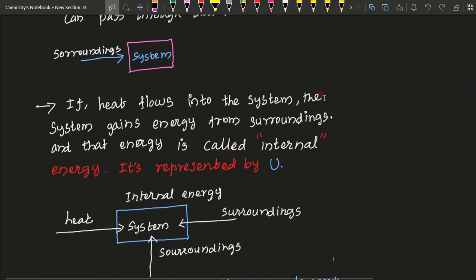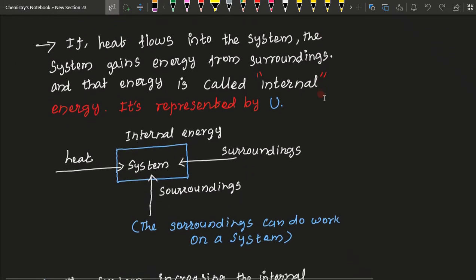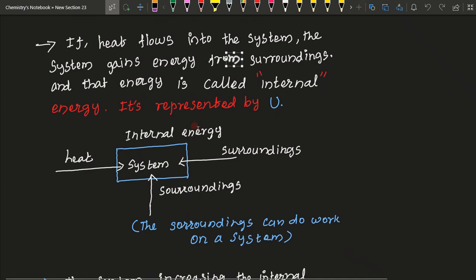See this diagram. This is the system. This is the heat energy going into the system. This is the surroundings. The whole system gains energy. It is called internal energy, denoted by U. The surroundings can do work on a system.